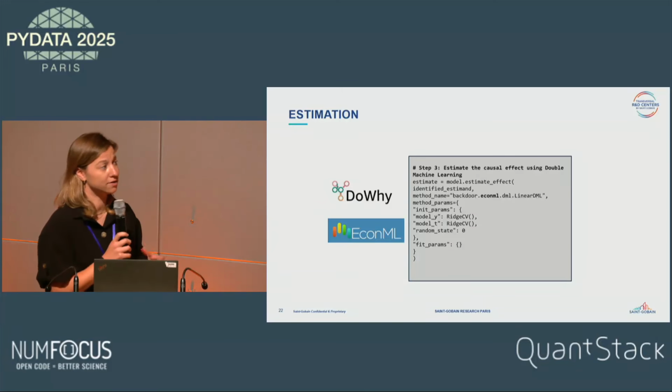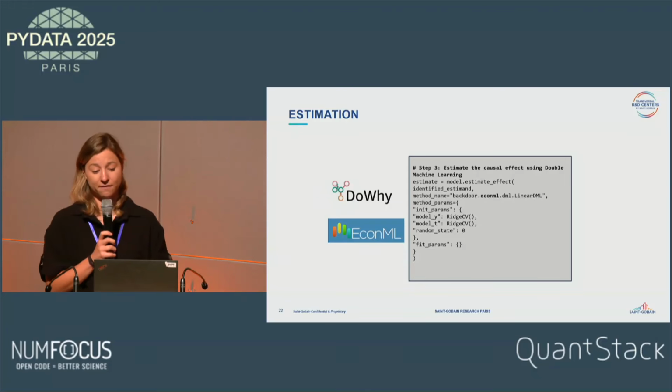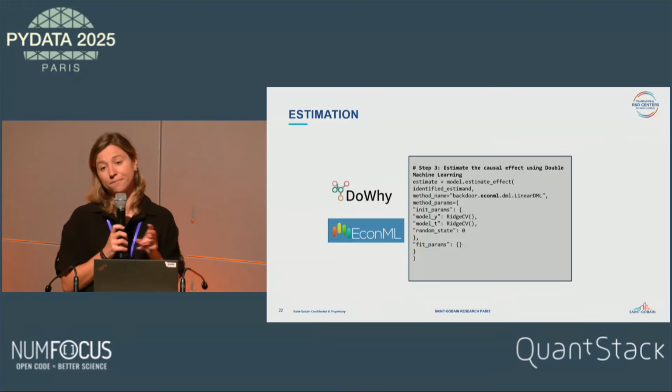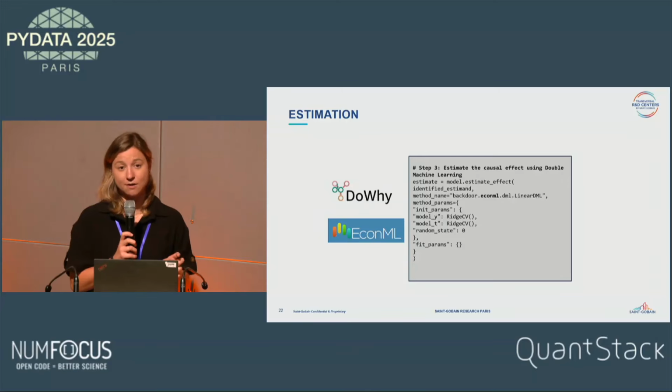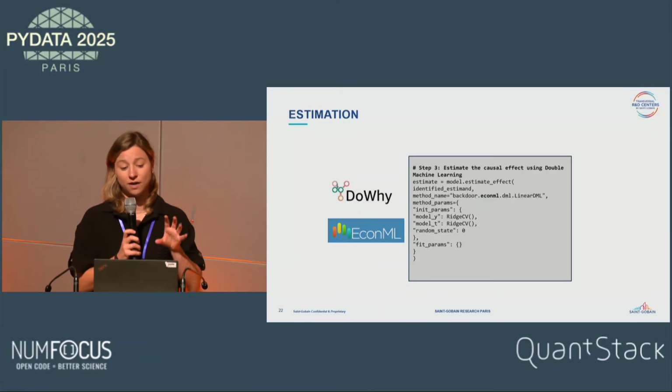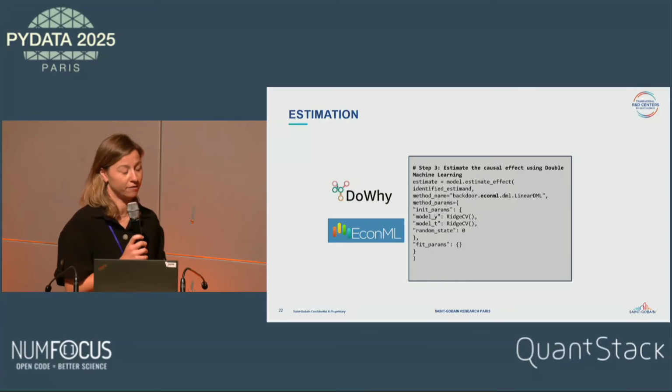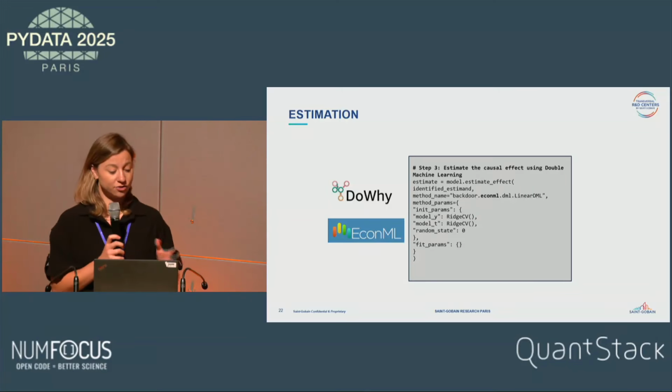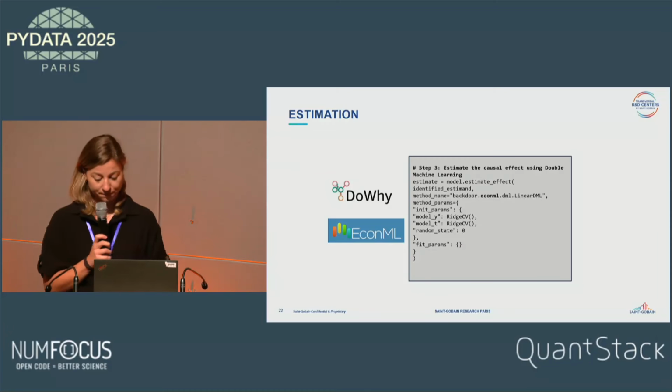In our case, we used linear double machine learning, but you can have way more, and they are mostly implemented in EconML. So you can use DoWhy calling EconML, which makes life very easy, because then you define your treatment, your outcome, how you want to model, and then you can have the estimation effect.